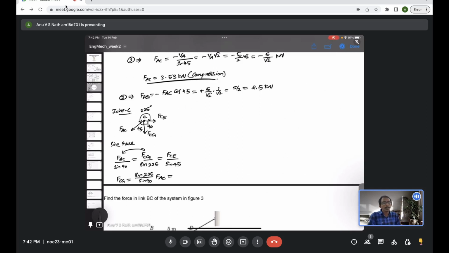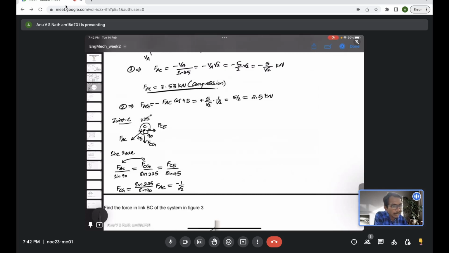So what is sine of 225? You can write it as 180 plus 45. So then you can see sine of 180 plus 45 will be minus sine 45. So it will be minus 1 by root 2, by sine 90 which is 1, times FAC. FAC we already know, it is actually minus 5 by root 2.